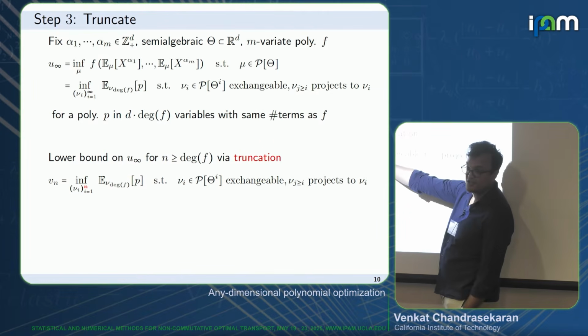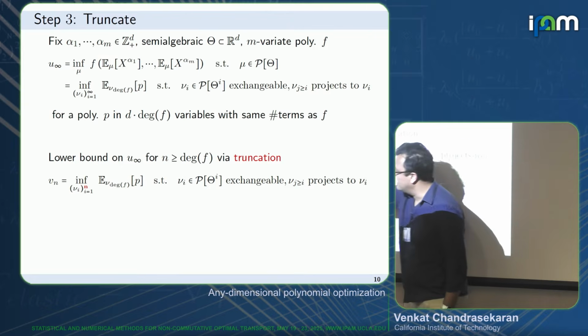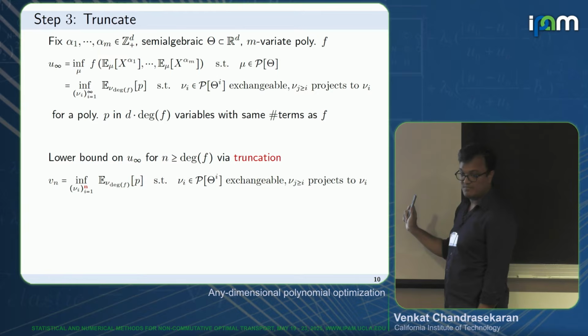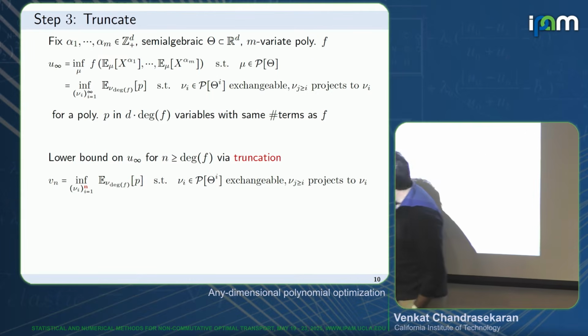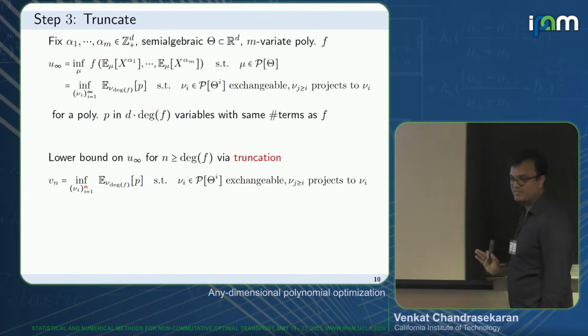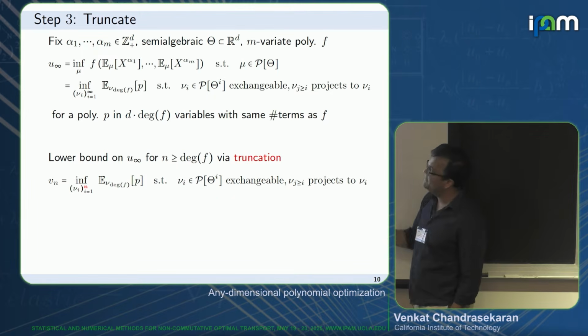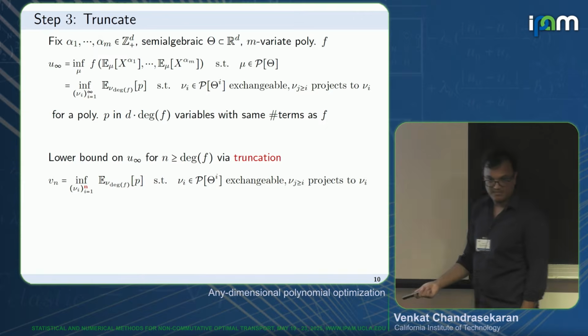The n needs to be sufficiently big, bigger than the degree of f, because that's the index you use here. But then the constraints are the same, and you've just truncated right here. And it's evident, based on this expression, that V_n is a lower bound on U_infinity.